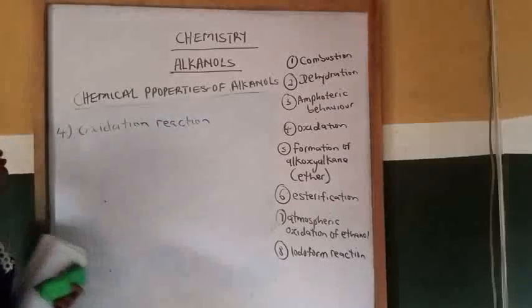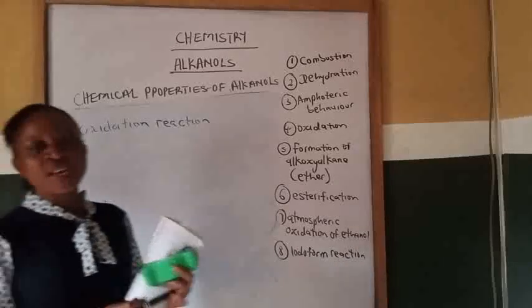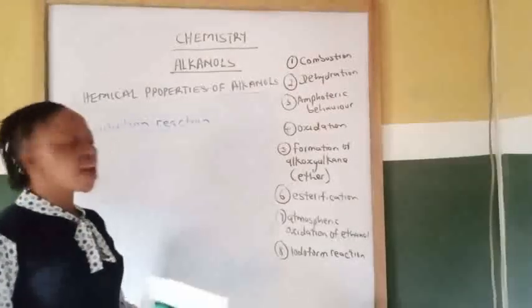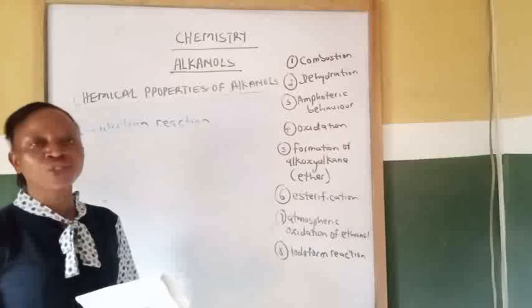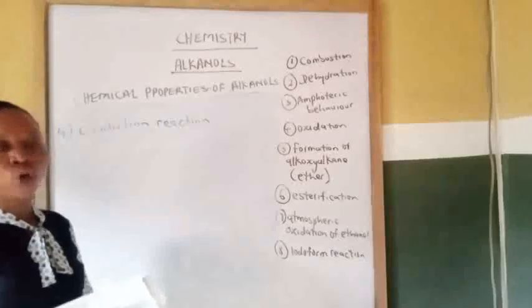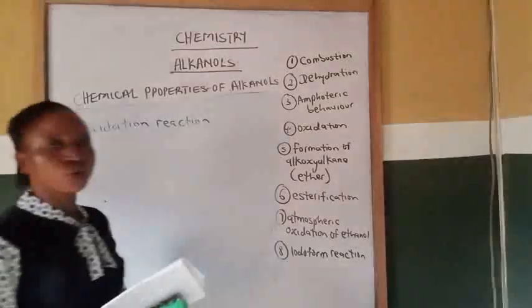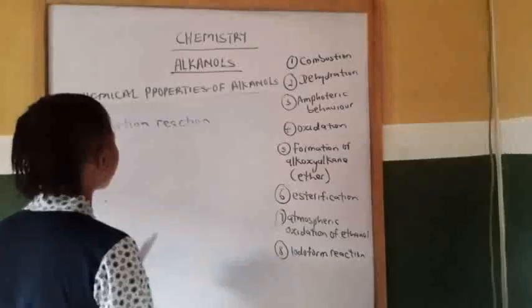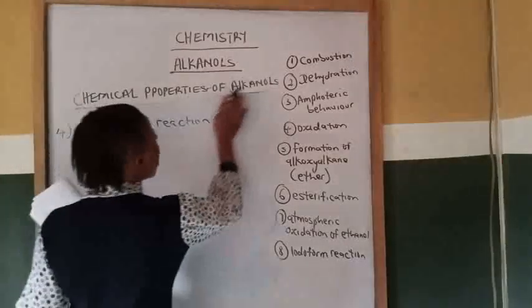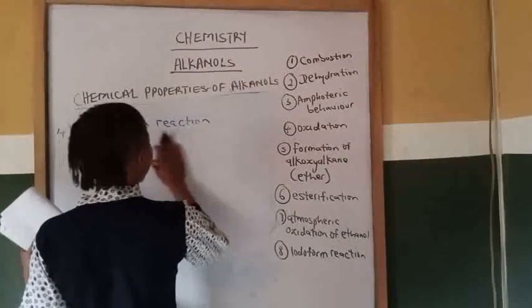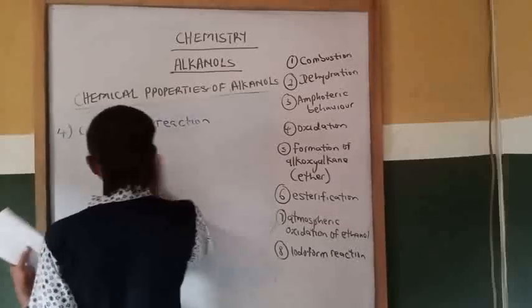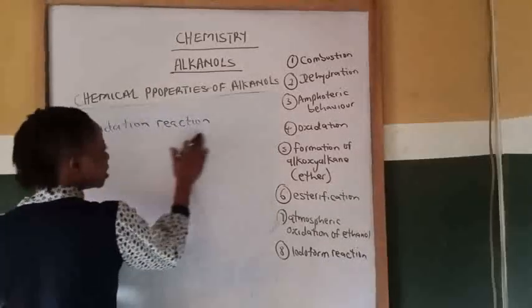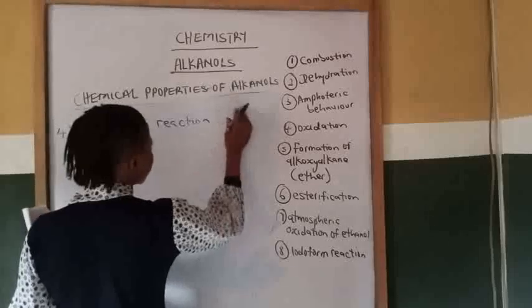This oxidation reaction will take place in the presence of KMnO4, that's tetraoxomanganate(VII), or acidified K2Cr2O7, which are oxidizing agents. So we are going to use either KMnO4 as an oxidizing agent or acidified K2Cr2O7.